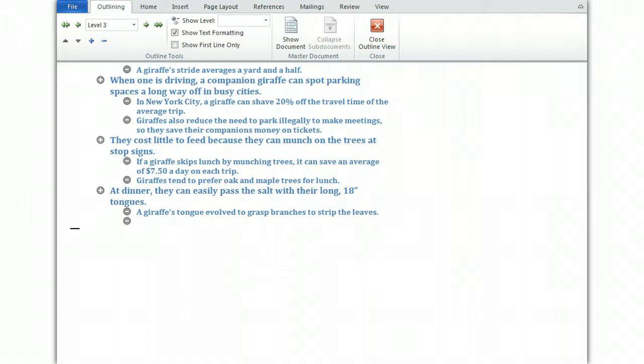And another detail about that might be that a giraffe also has very sticky, this is a true fact, saliva to protect its mouth against thorns, so it will never drop the salt shaker.